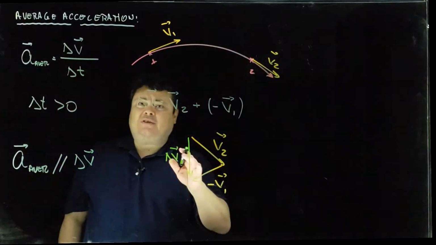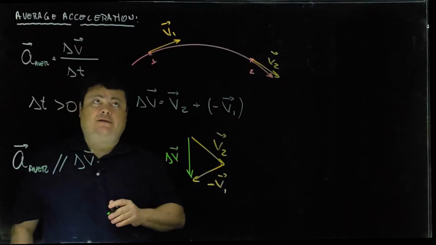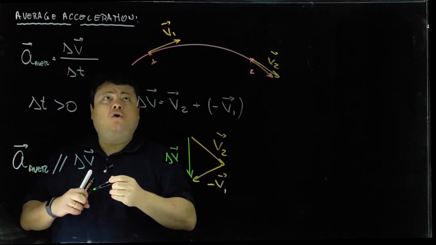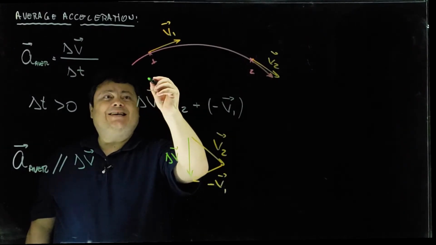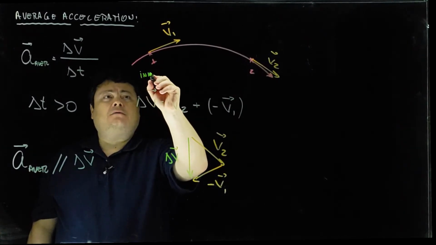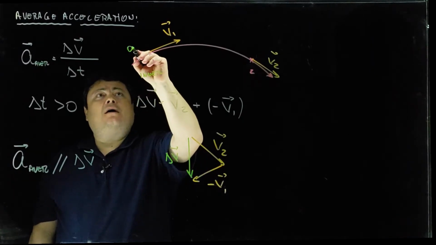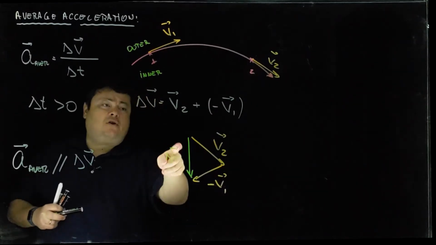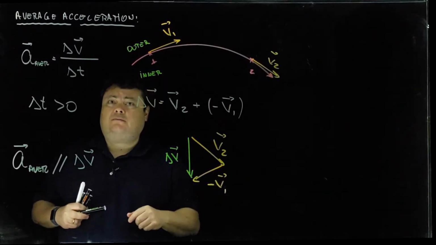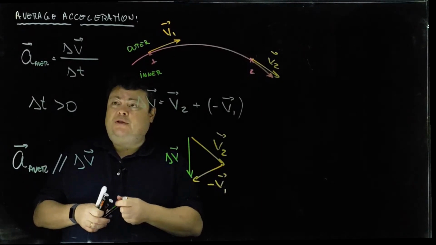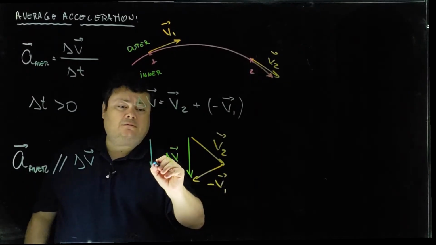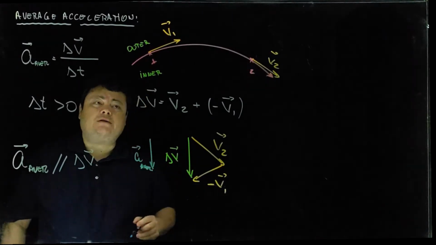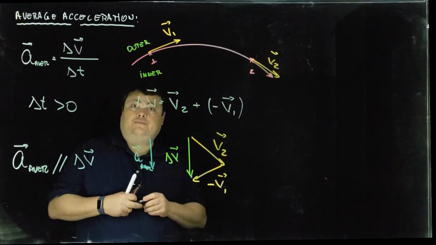But instead of down, a better reference frame would be this. A curved path, a circumference, would always define an inside or inner side and an outer side. And what we have is that the change in velocity points inwards, basically, which also tells me then that the average acceleration points inwards in a curve.